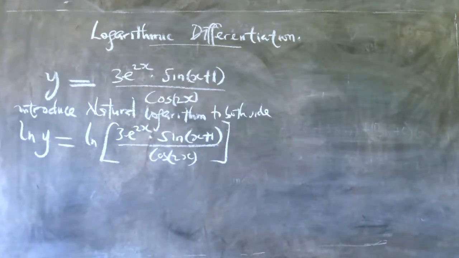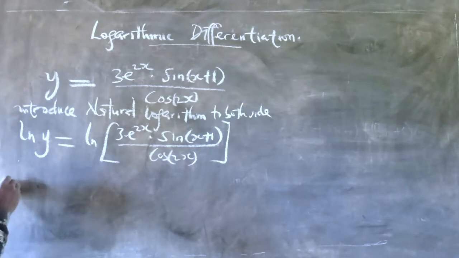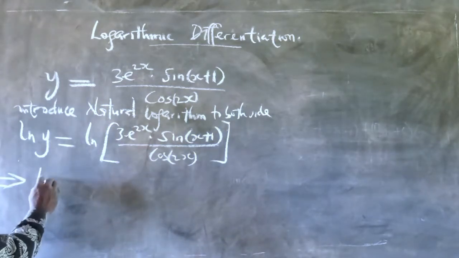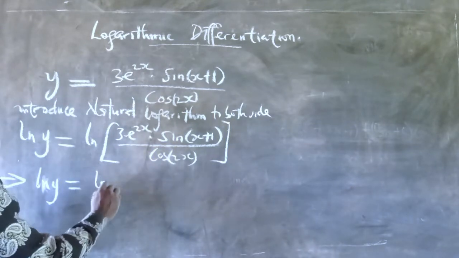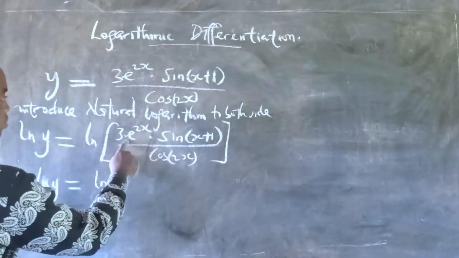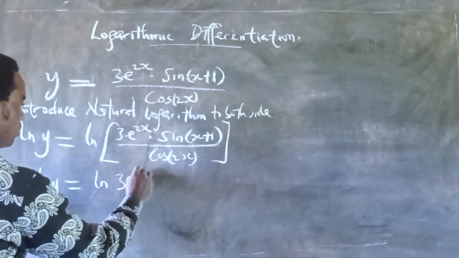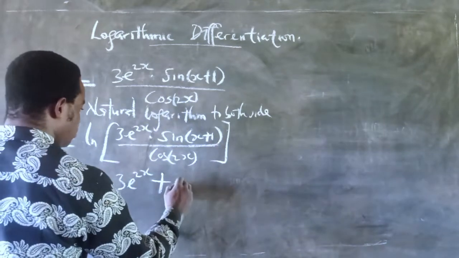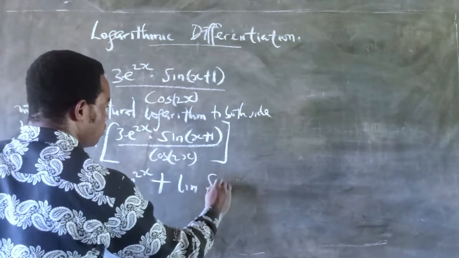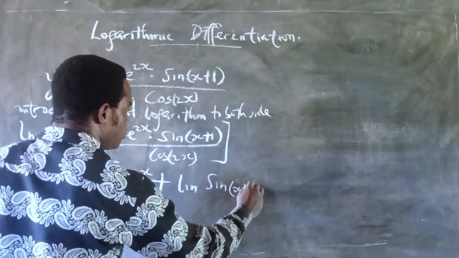Now we should open that big bracket to write the problem in a form that will be easier for us to solve. So we have ln of y equals ln of 3e raised to the power 2x plus ln of sine of (x + 1).